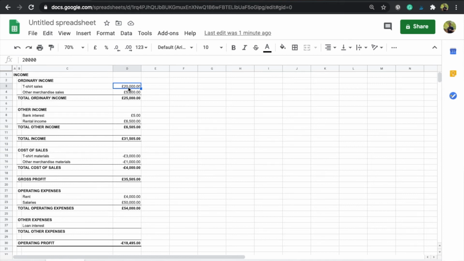Our cost of sales is going to be £100 because half of our inventory cost £100. So in order to recognise the movement in the inventory, we need to recognise an expense of £100 here. But we've also made a sale of £200, so we need to increase our income by £200.